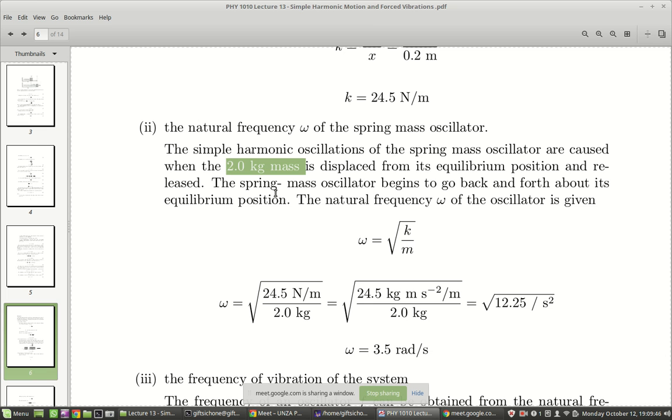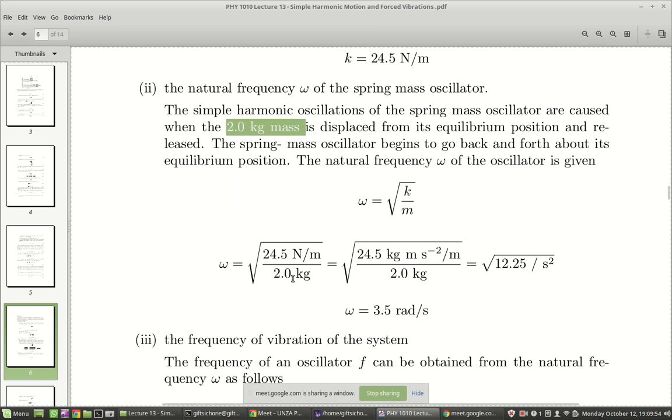Now, radians per second are units for angular velocity, the velocity of something which is moving in a circle. So what this means is that according to physics, when a mass is attached to a spring and it's going back and forth, it is as good as that mass actually moving in a circle.